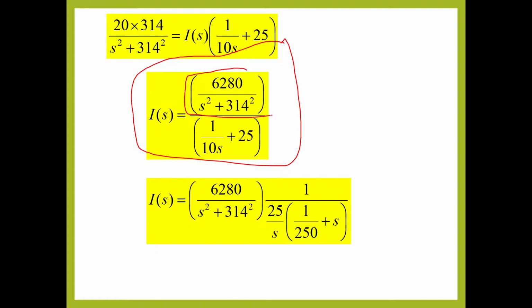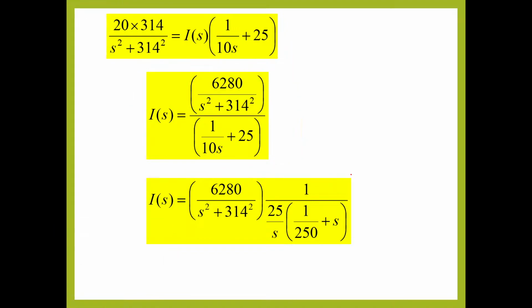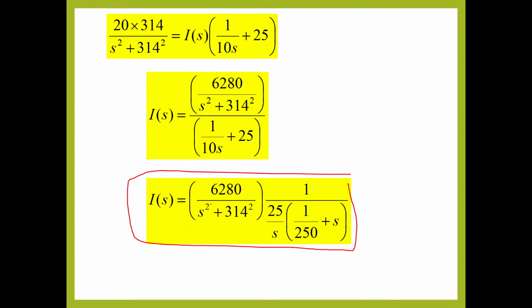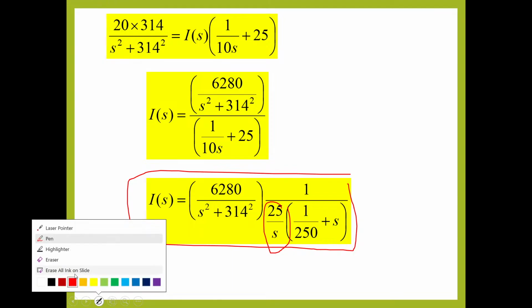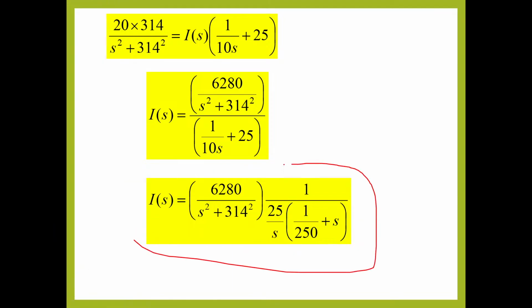Here I can rewrite this term instead of writing it in the numerator. So my I of s equation will be somewhat like this: I of s is equal to 6280 divided by s square plus 314 square into 1 by... here 1 by 10s was there, so I have taken 25 by s common. Since I have taken 25 by s common, I have got 25 by s into 1 by 250 plus s. So this is my I of s equation.